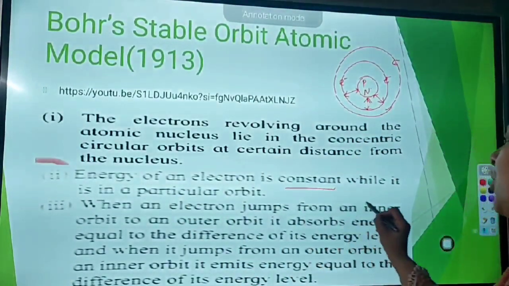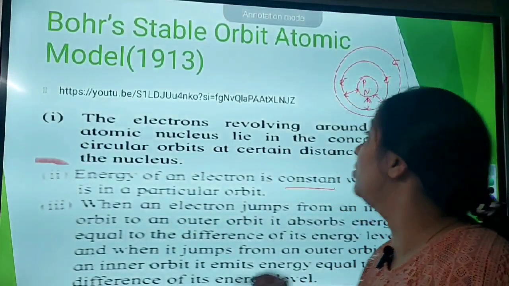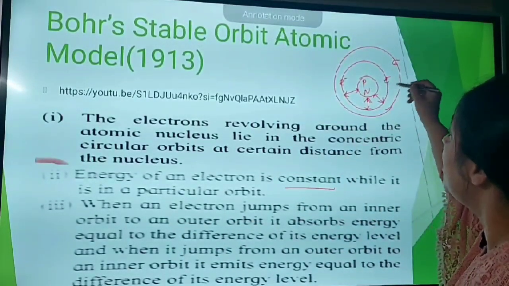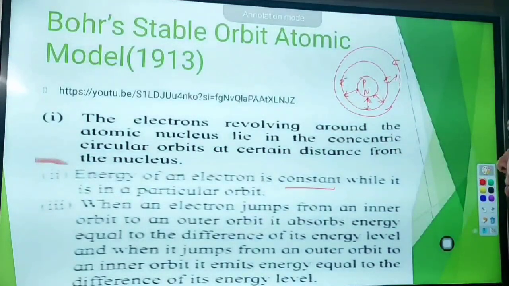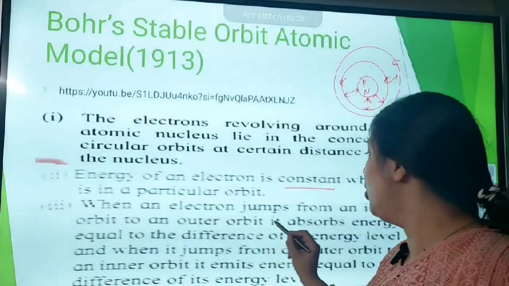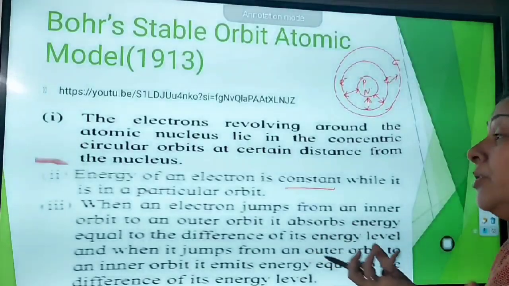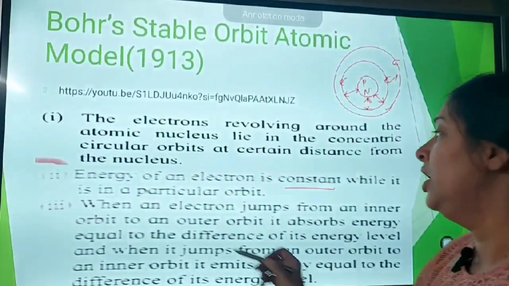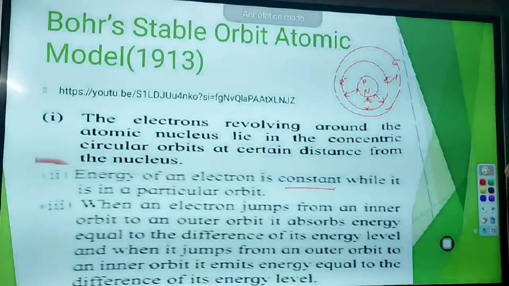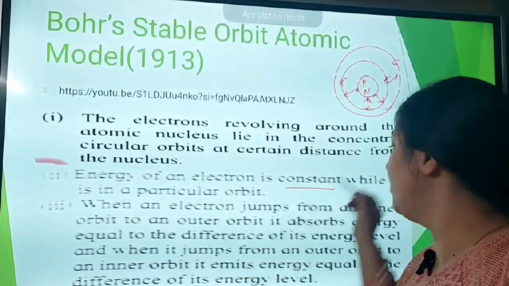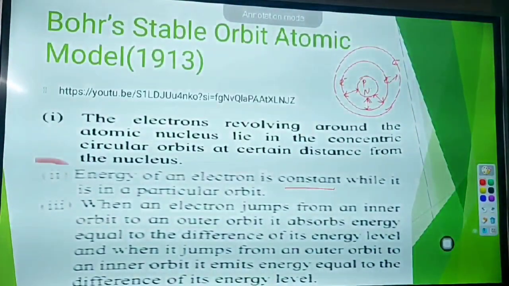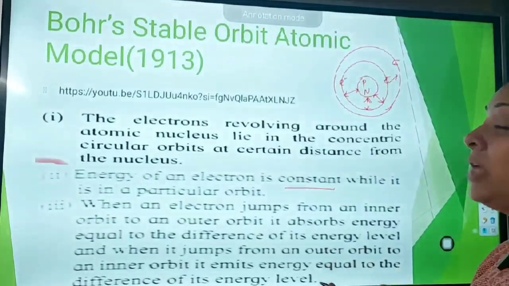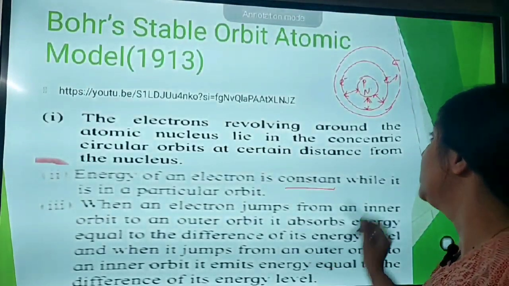When an electron jumps from an inner orbit to an outer orbit, it absorbs energy. It takes energy equal to the difference of its energy levels. And when it jumps from the outer to the inner orbit, it emits energy. It gives out energy. Look at this.